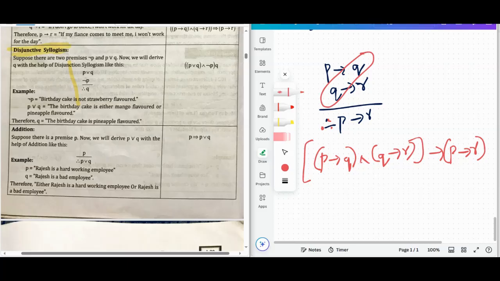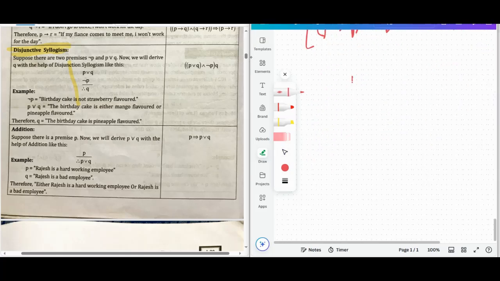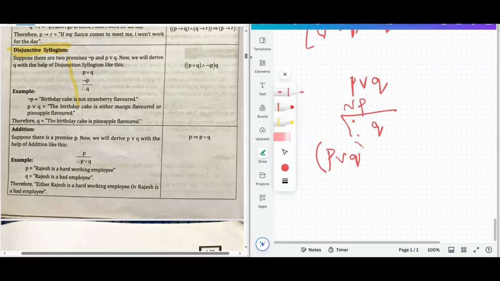Disjunctive syllogism says that P or Q, and negation P, will imply Q. So here we can see that P and negation P are reverse of each other. So what will be left out? Left out will be Q. That will be called disjunctive syllogism.